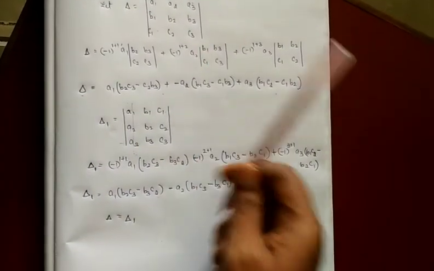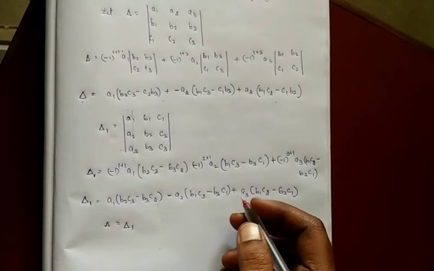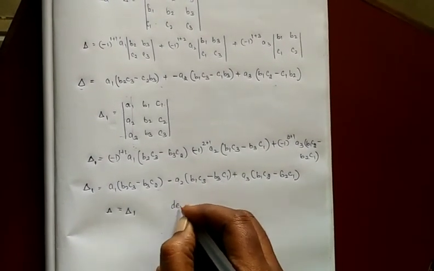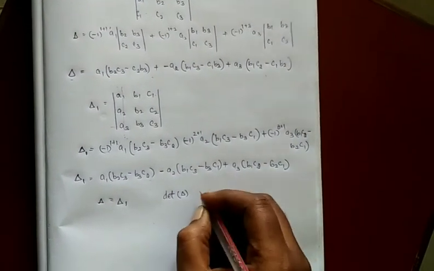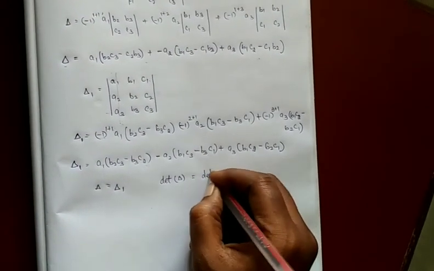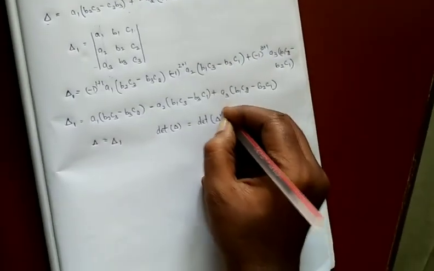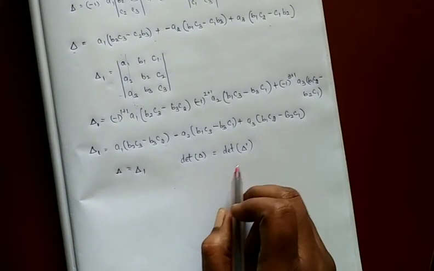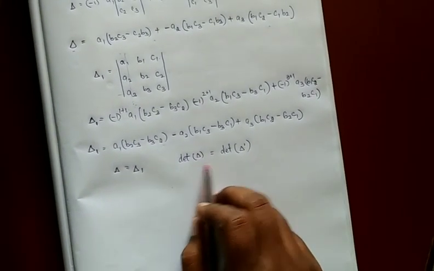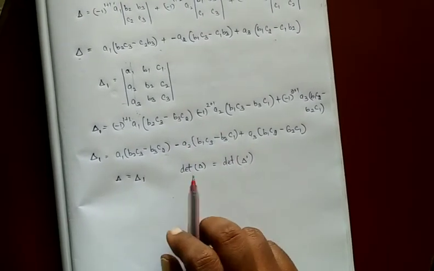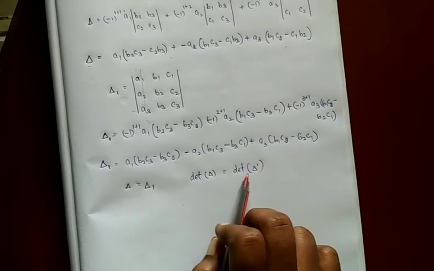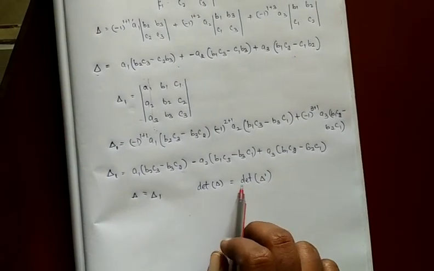If it is a matrix, we say it is the transpose of the matrix. So the determinant of this is equal to the determinant of its transpose. Since the transpose is taken, the determinant value is also the same. So both are equal.